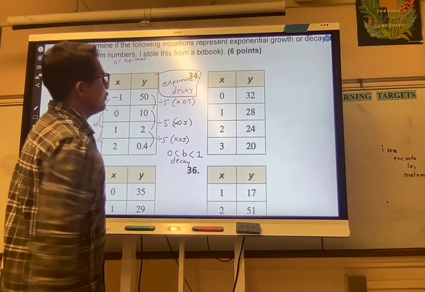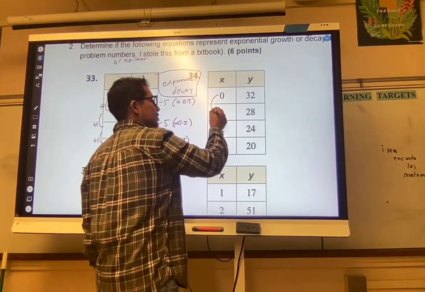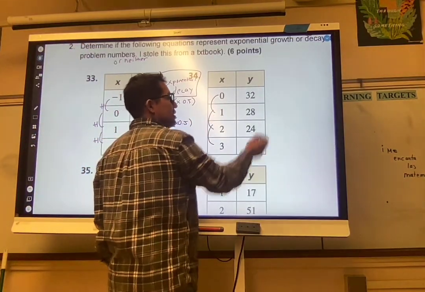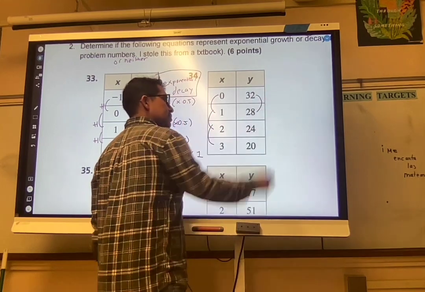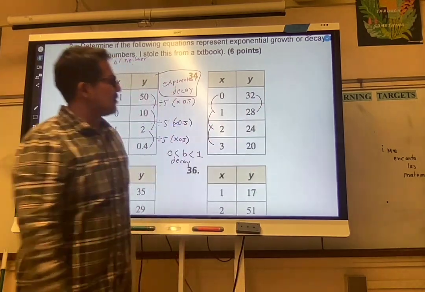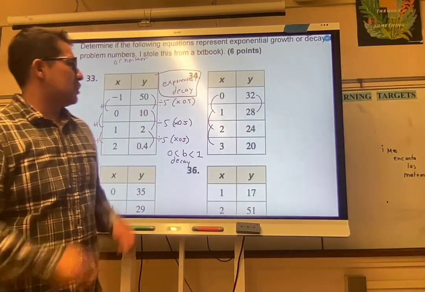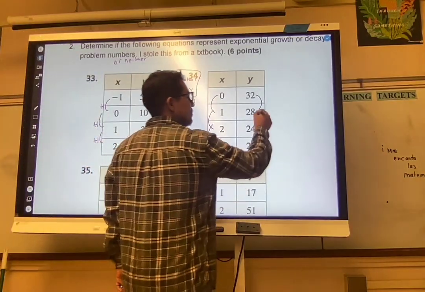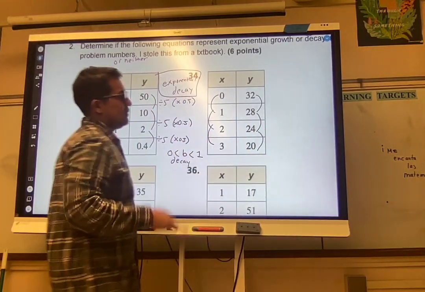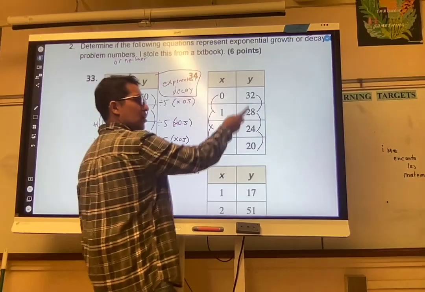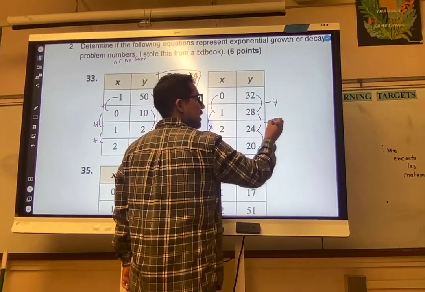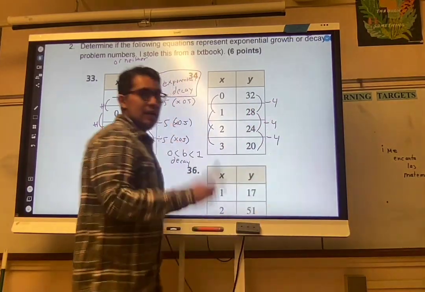If I go over to this one, 34, again, every time x goes up by 1, what's happening with the y's? Well, you could divide these numbers, 32 divided by 28, to see what I'm multiplying by. But what I would encourage you guys to do is immediately notice that these are all off by 4. What I'm doing here is I'm subtracting by 4, consistently.